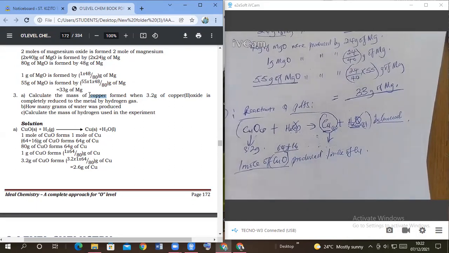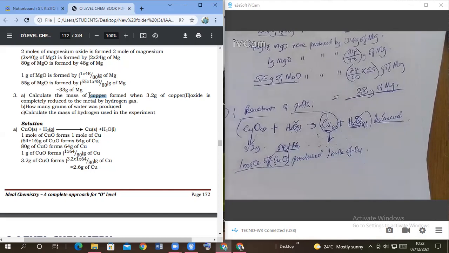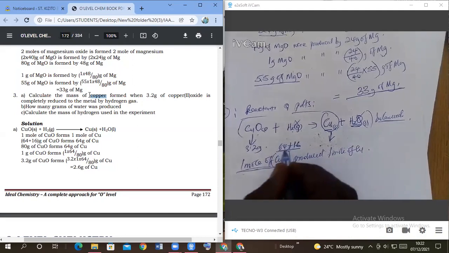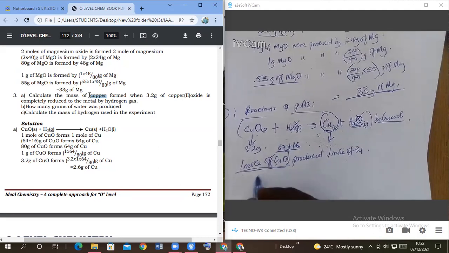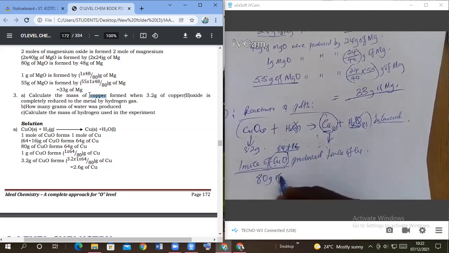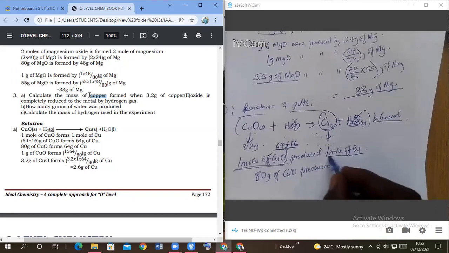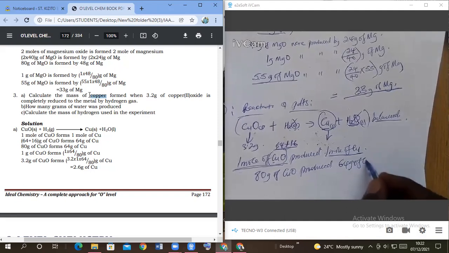Is it 80 or 88? Copper is 64 plus oxygen, which is 16. They say 1 mole. 1 mole of this is equivalent to relative molecular mass. So the relative molecular mass of this is what? 88 or 80? 80. So here you say 80 grams of copper oxide produced 1 mole of copper. 1 mole of copper is 64 grams, isn't it?